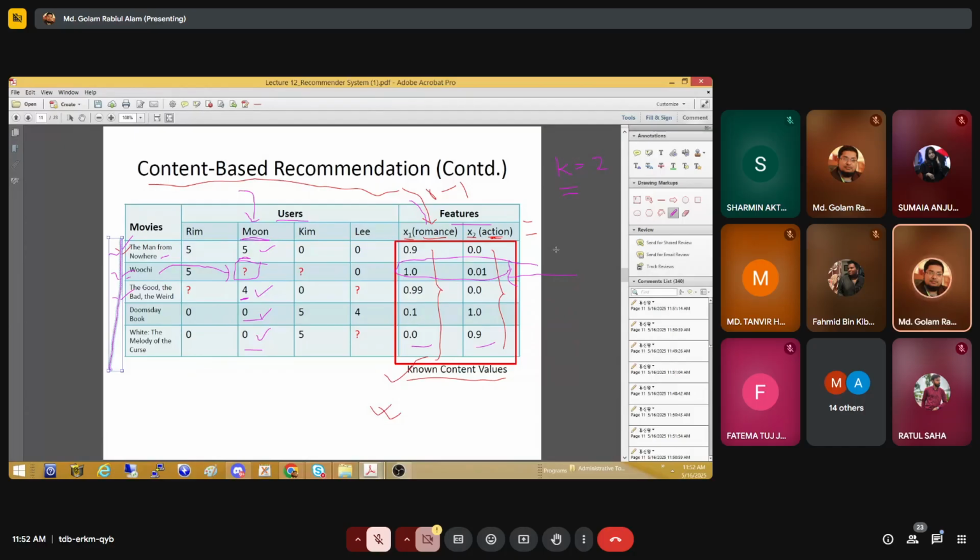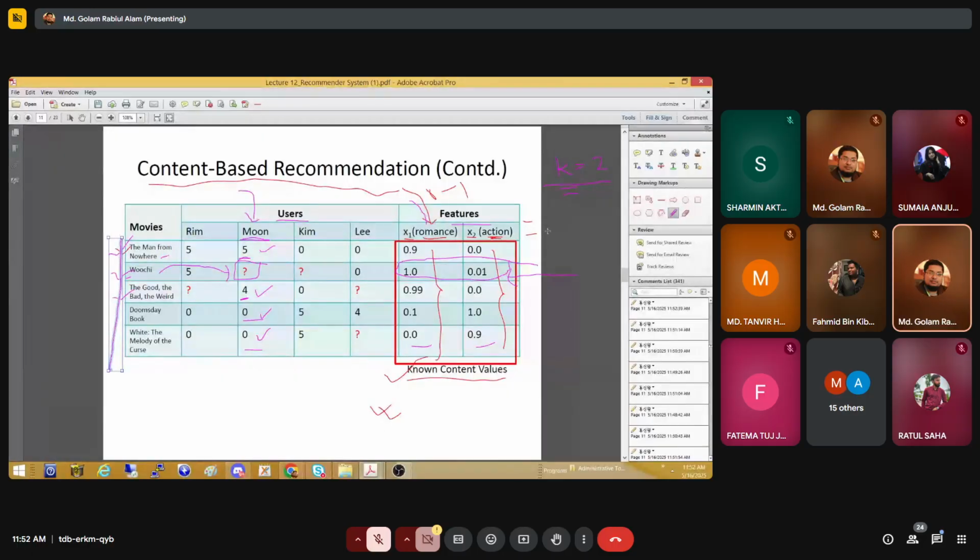It's like KNN, I think many of you are already familiar with K nearest neighbor. It is similar to that. We want to find the K similar movies, here K equal 2, or maybe K equal 3, based on your choice. So let's say K equal 2, so we want to find the two similar movies.